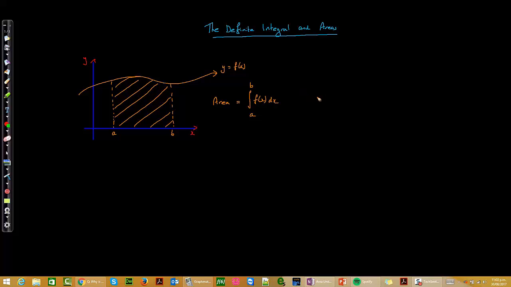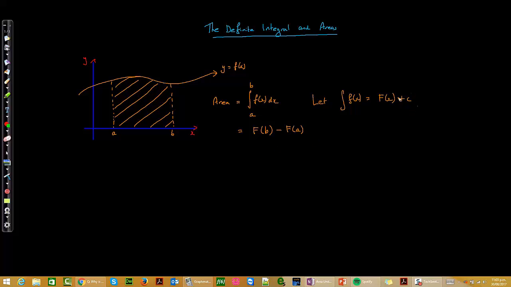And just to take this one stage further, if the integral of this function here is equal to, say, capital F(x) plus c, then the area would equal that antiderivative, that integral with b substituted into it, minus what we get when we substitute a into it.